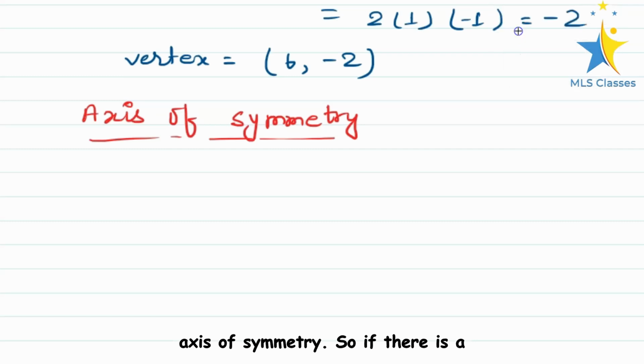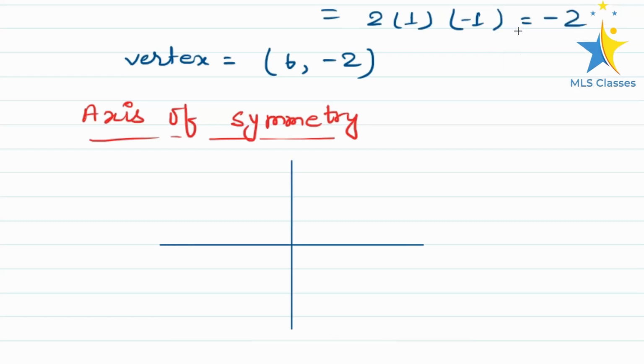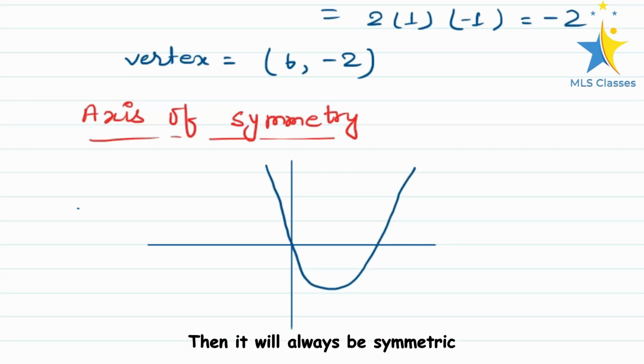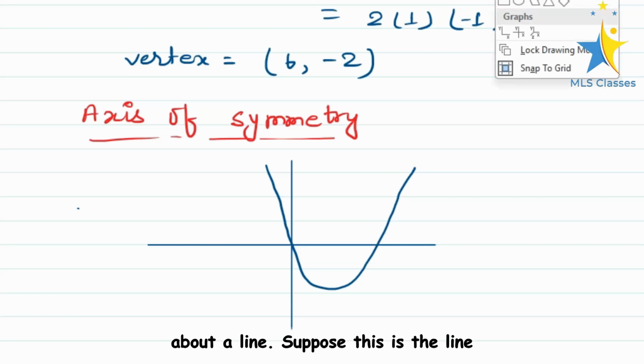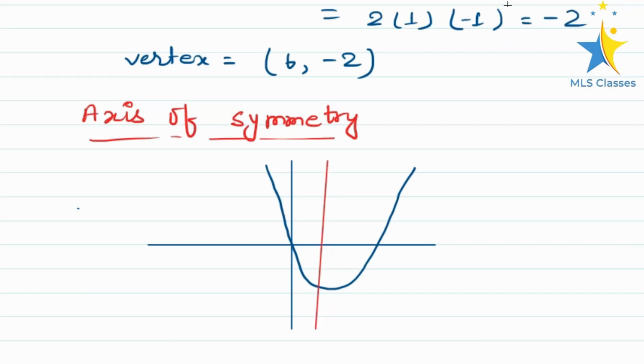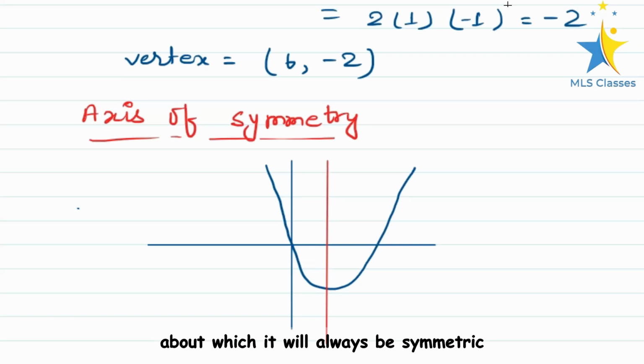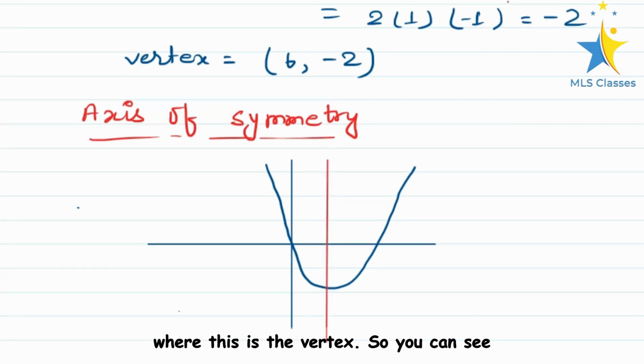If there is a parabolic curve, suppose like this, then it will always be symmetric about a line. Suppose this is the line about which it will always be symmetric, where this is the vertex. You can see that this is always perpendicular to the x axis and parallel to the y axis.